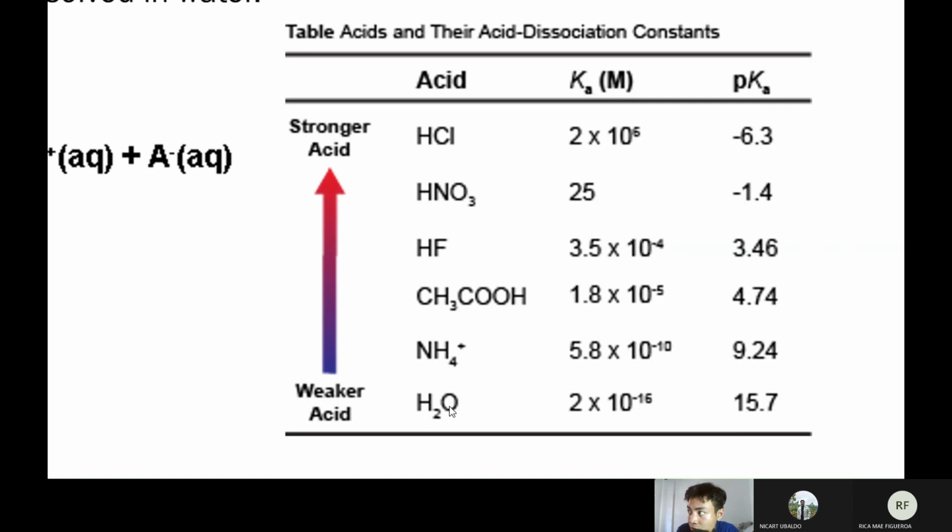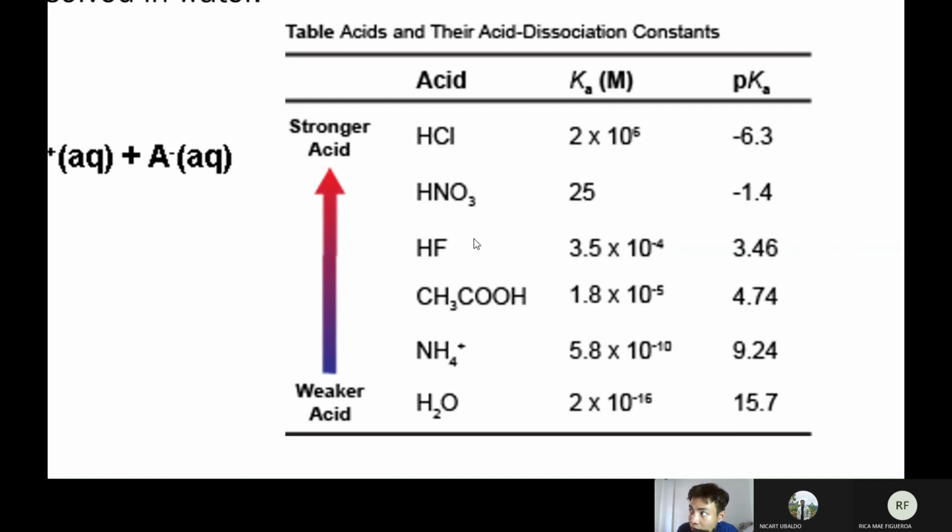The acid dissociation constant for water is 2 times 10 raised to negative 16 for this example. Okay? So, ito naman, this is acetic acid. Ito yung nasa suka. So, that is a weak acid. The Ka is 1.8 times 10 raised to negative 5. So, medyo mababa pa yan kasi decimal yan.